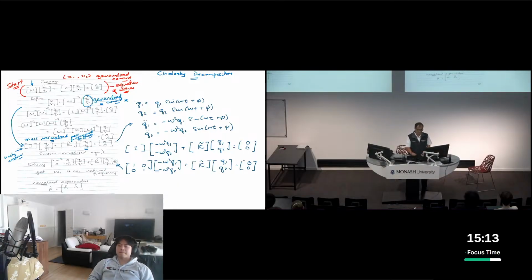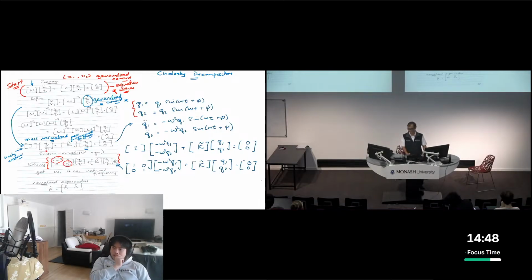Q1 and Q2 are the solutions that we would expect in terms of sine and cosine functions. You differentiate them twice with respect to time, to allow for this column matrix, and this here will be the equation that will allow you to find the natural frequencies of the system.